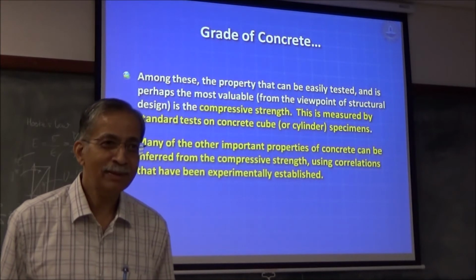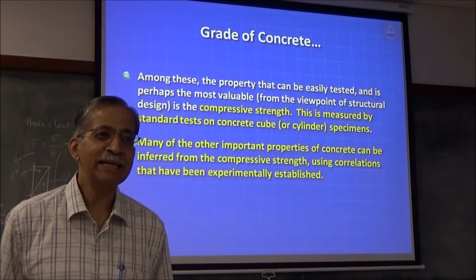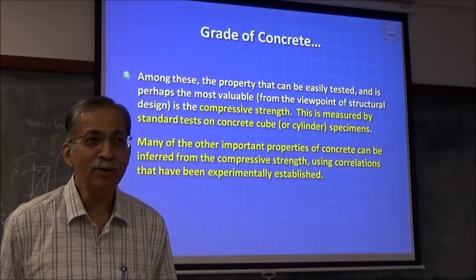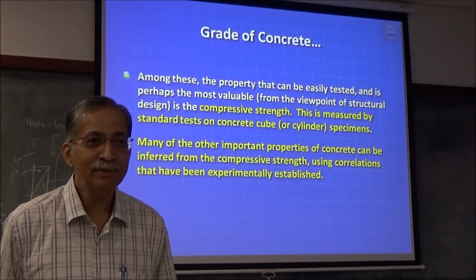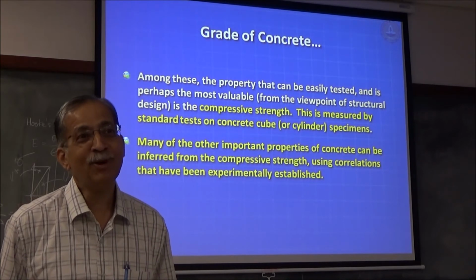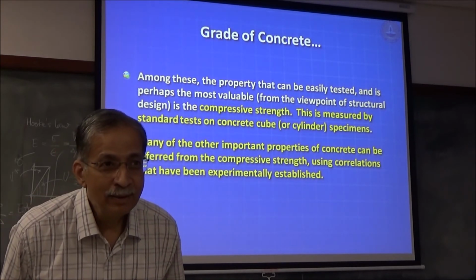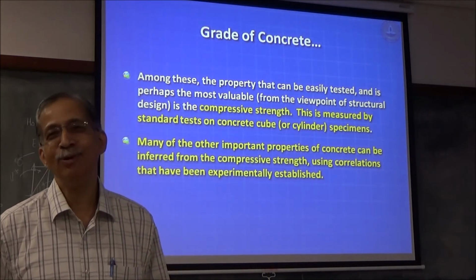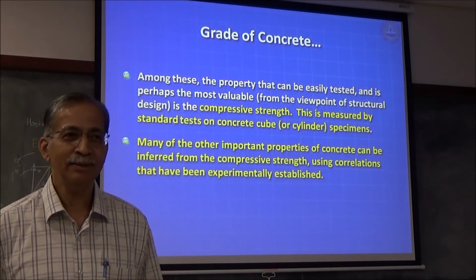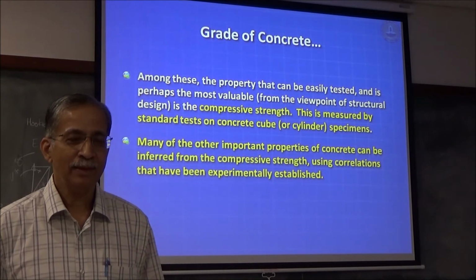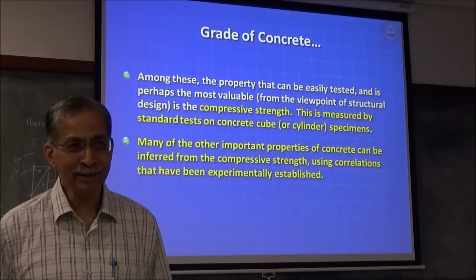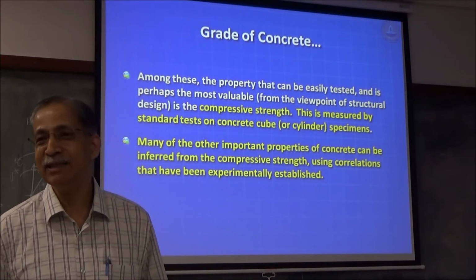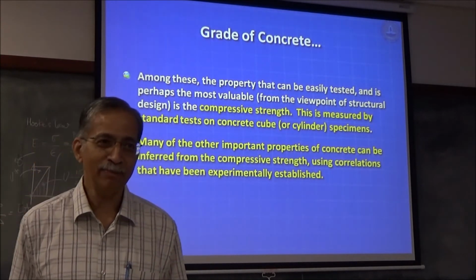Newton per millimeter square. What is the unit of fck? Newton per millimeter square. But we put a square root there, no? So then what happens? So 5,000 must also have units of square root of Newton per millimeter square. You should know all this. Dimensional homogeneity. And it's 5,000 only in this version of the code. Earlier it was 5,700. So they keep revising because test data show better correlation.